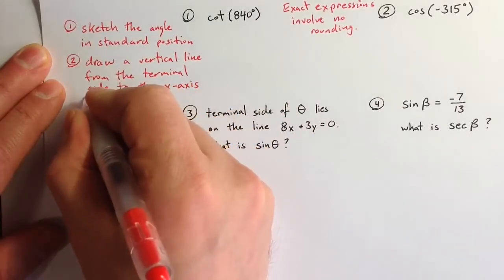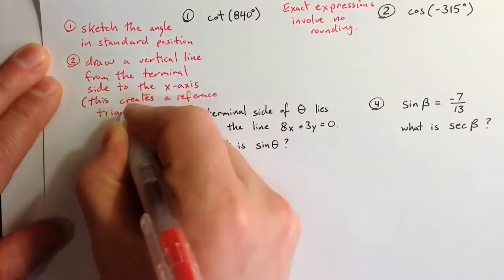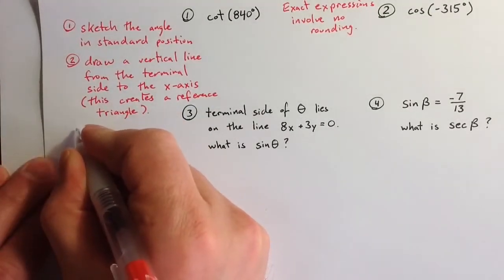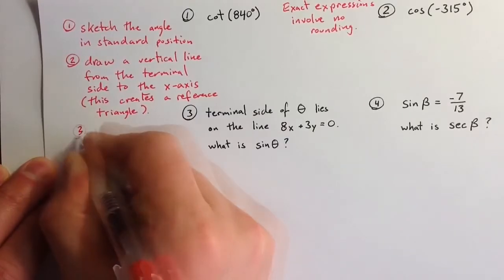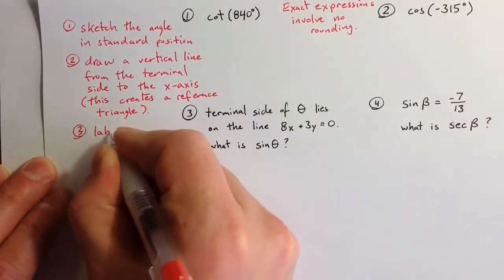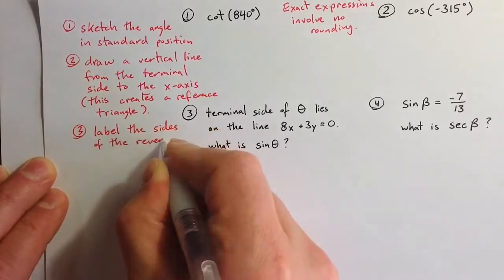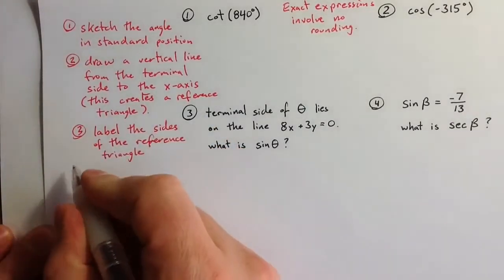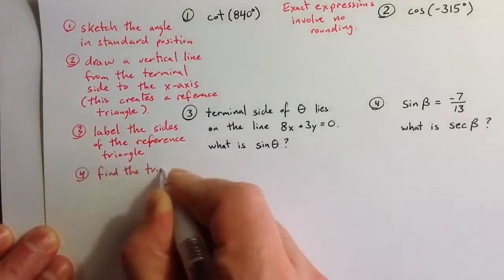This creates a reference triangle. And with that reference triangle, we can label the sides. If I know the coordinates of a point on the terminal side, I can label the sides of the reference triangle. And the sides of that right triangle will be used to create our trigonometric ratios.